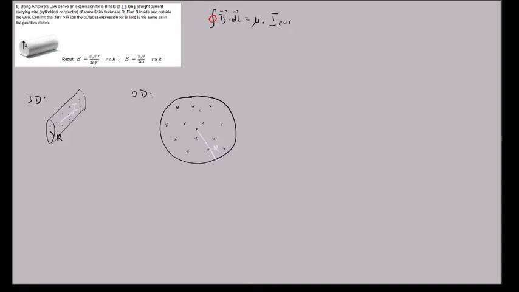So maybe I'll draw a field at some arbitrary location within. Let's say here. Now, if I use the right hand, then the magnetic field should point in this direction and then going. So this would be the magnetic field on the inside.